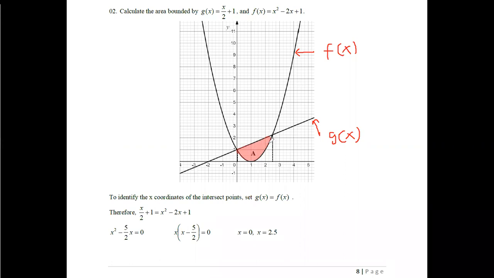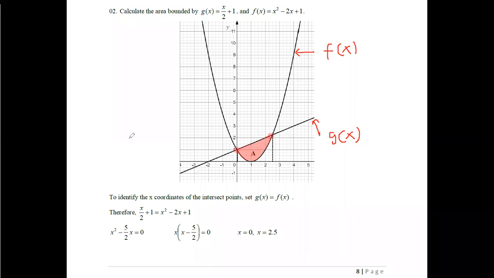Now we have already identified that the function g(x) is x divided by 2 plus 1 and f(x) is x squared minus 2x plus 1. And you can see that the function value of g(x) is higher than f(x) for this region. Therefore, I will consider it for the calculation, and now these 2 points have to be identified.